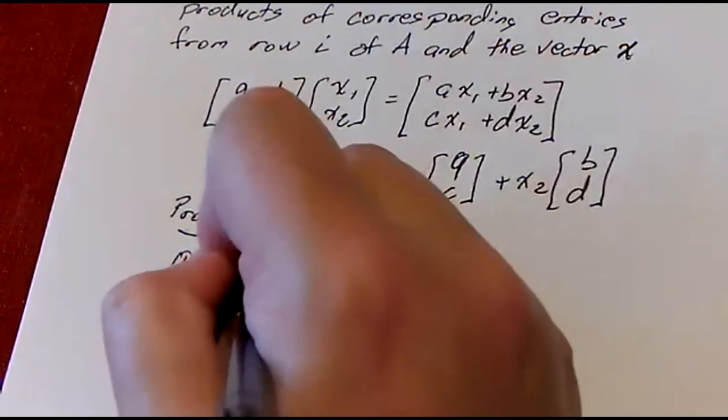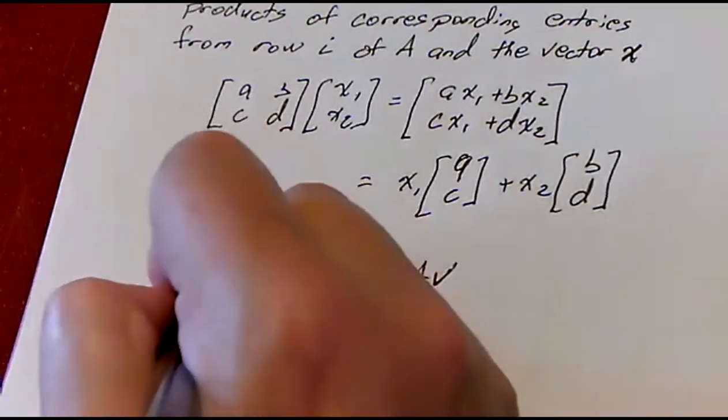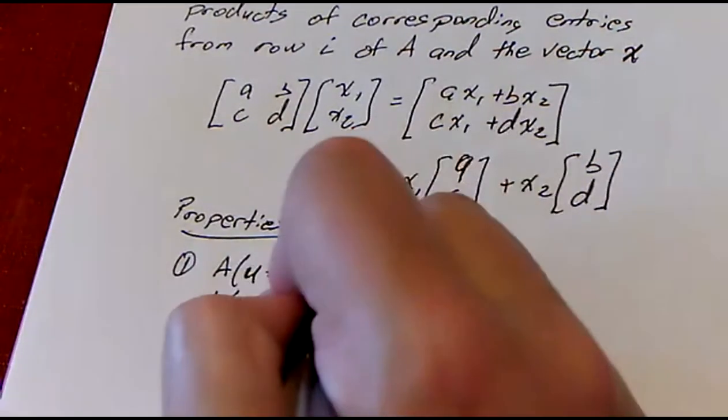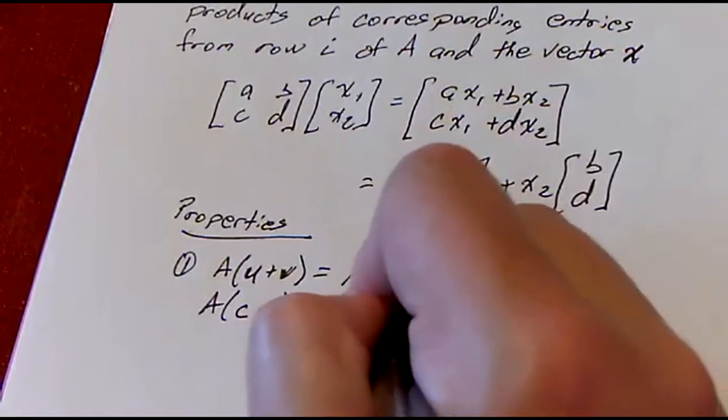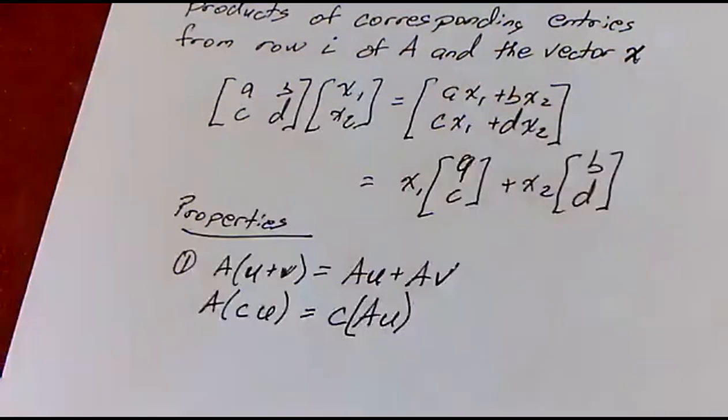My U and V in this property are vectors, and my A again is a matrix. I also have scalar associativity. So if I have A times CU, I can write that as C times AU. So we have distributivity and associativity as it pertains to these vector multiplications.